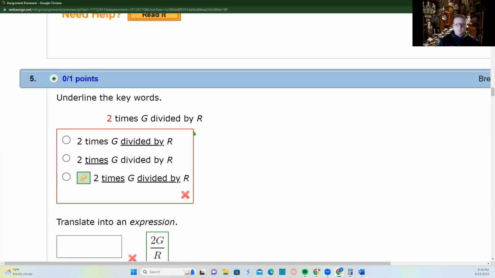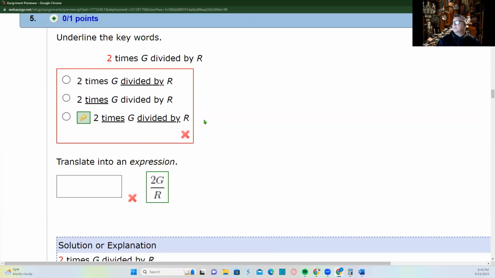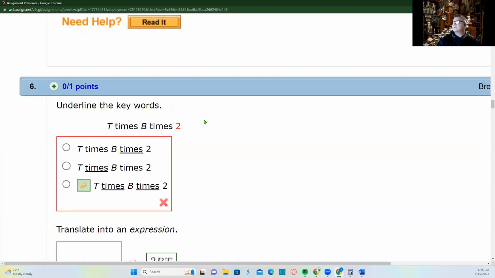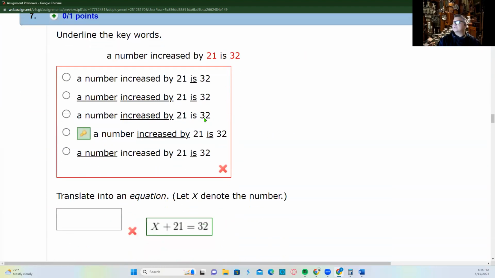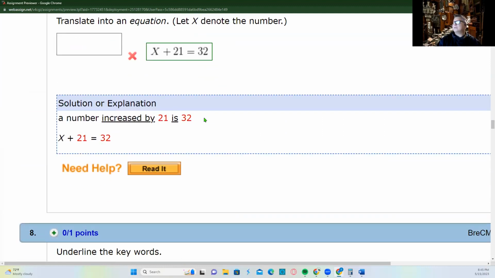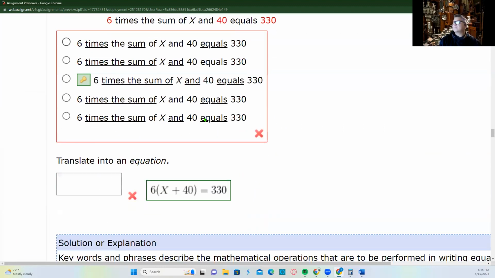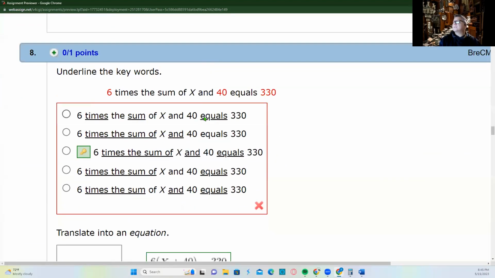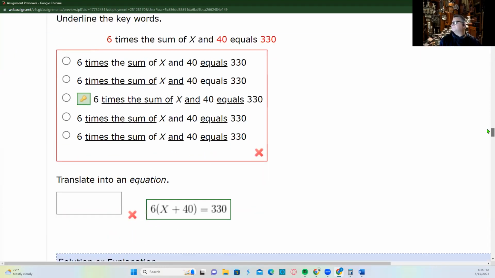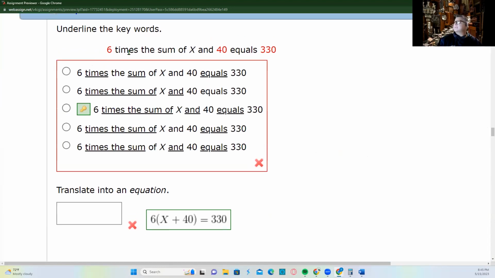All right, I'm going to try to get to the actual math as we have here. Here's one right here. Now, 6 times the sum of x and 40 equals 330.